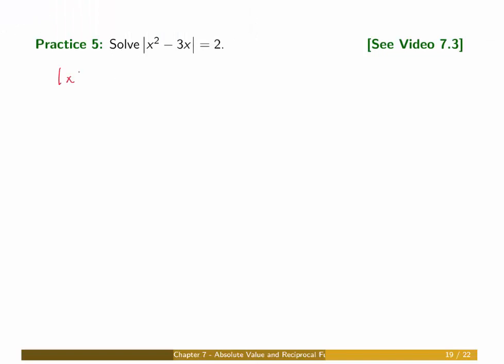So the first step, once again, is to write out the definition. So we have x squared minus 3x equals x squared minus 3x, then negative x squared minus 3x. Well, the question is, what are these definitions? Or the conditions. So let me write this over here, conditions.